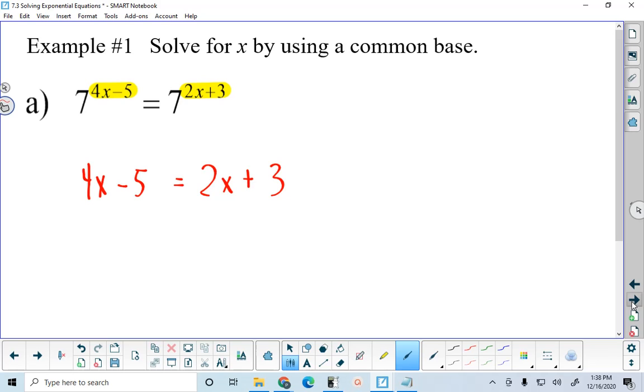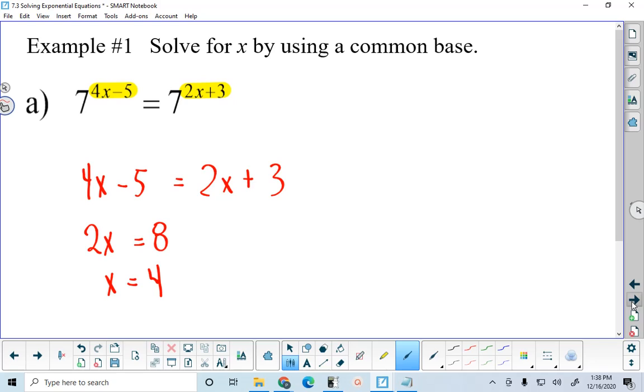If 7 raised to one quantity is equal to 7 raised to another quantity, those two quantities have to be equal because the bases are equal. And then we solve this equation. I subtract 2x from both sides to get 4x on the left side. I add 5 to both sides to get 8 on the right side. And I get x equals 8 over 2, which is 4.